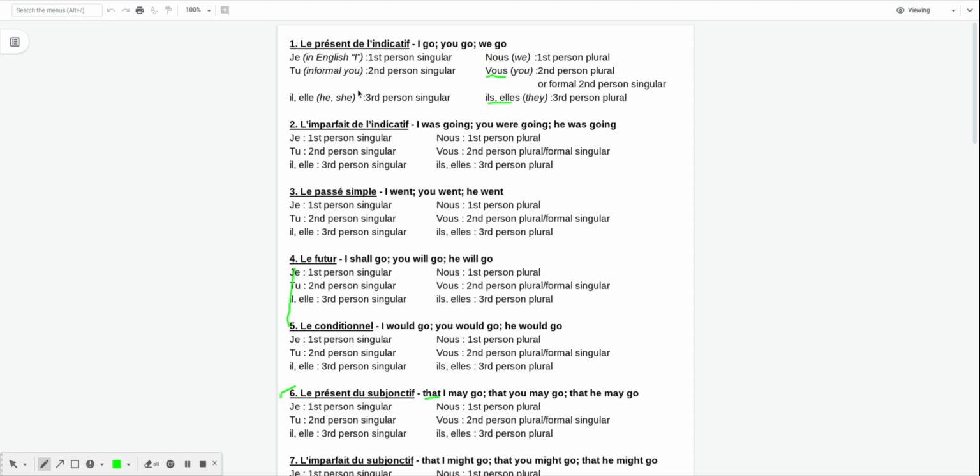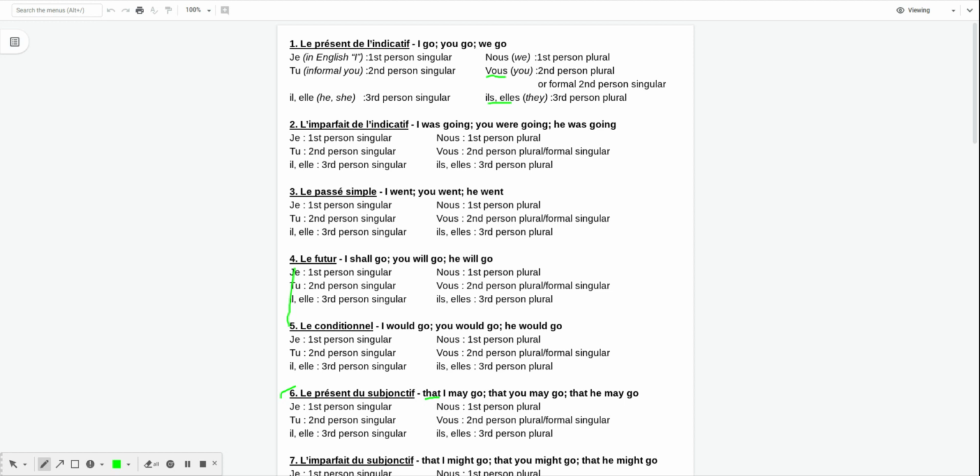So these 7 simple tenses, the best thing to do with these is to just memorize the 7 tenses, get a feel for when these are used, and then start breaking down the verb conjugation endings for each of the pronouns here: I, you, he, she, the plural side, we, you, they.